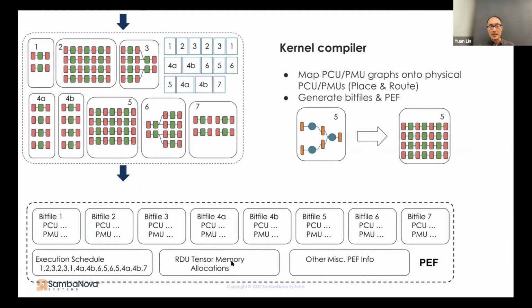It also contains the tensor memory allocations to the DDR memory, and it also has an execution schedule, right? And various other information. The whole thing is called a path, and when you run it, it is given to the runtime to run on the RDUs, one section at a time.